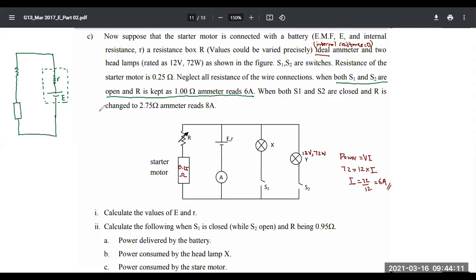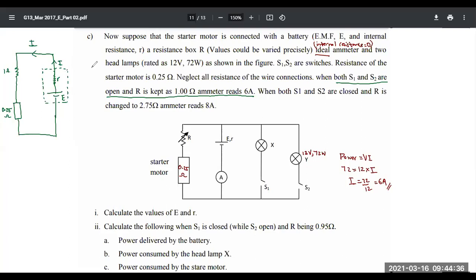Then we move on. For the starter motor, the resistance is 0.25 ohm, and for the green color case, R is kept at 1 ohm. This is 1 ohm. Simple R we don't know, capital E we don't know, but we know the current now. Ammeter reading is the current going through this circuit, and there will be no current through the other two parts. So all the current will go to the left side. And what is the meaning of that? What is happening?